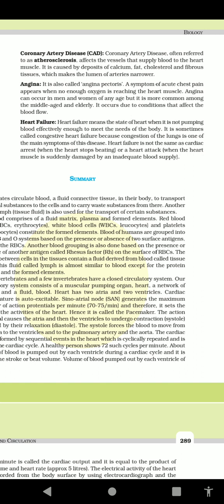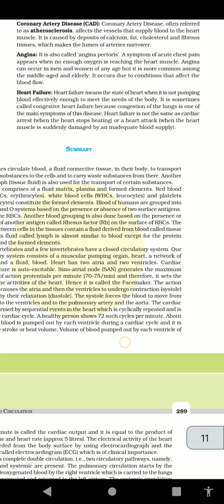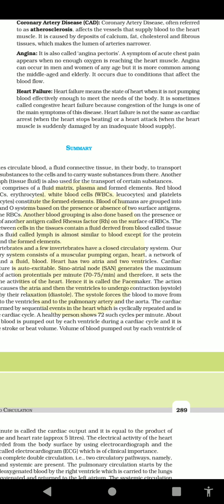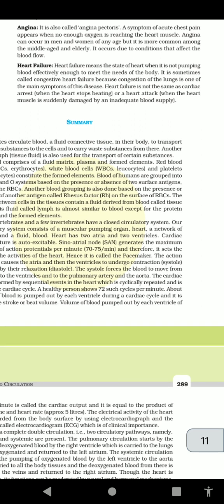Angina, also called angina pectoris, is a symptom of acute chest pain that appears when not enough oxygen is reaching the heart muscle. Angina can occur in men and women of any age, but it is more common among the middle aged and the elderly, and occurs due to conditions that affect the blood flow.